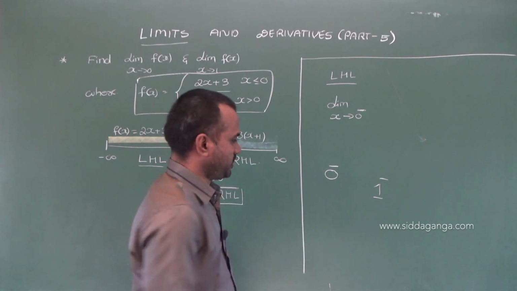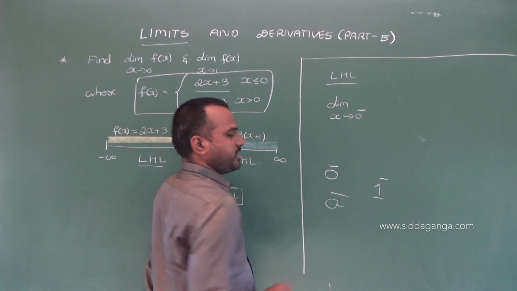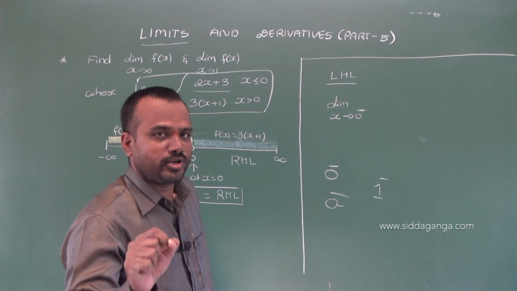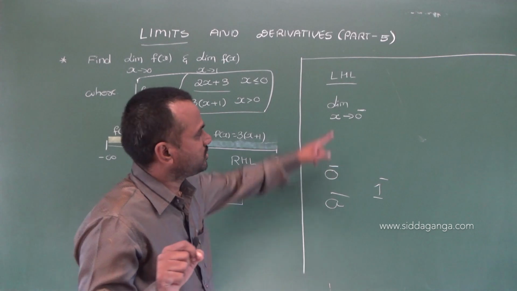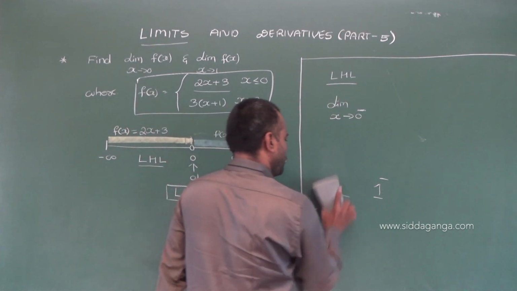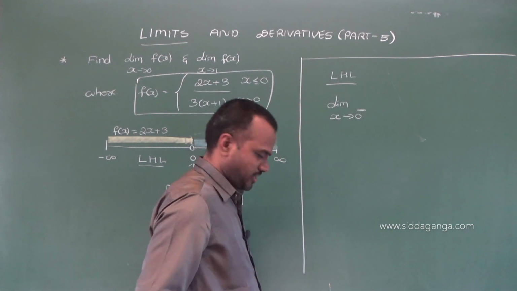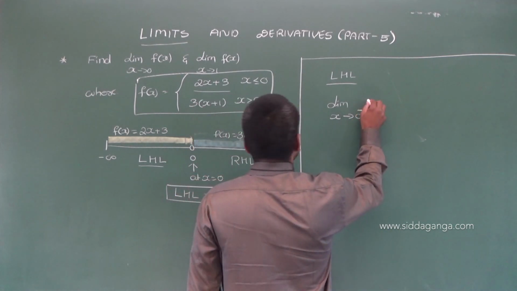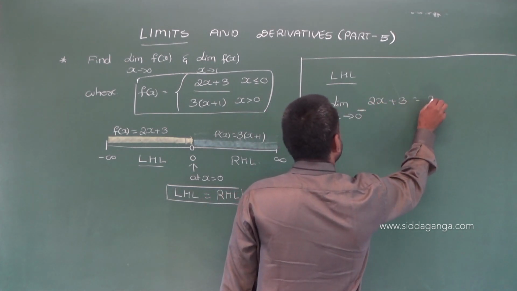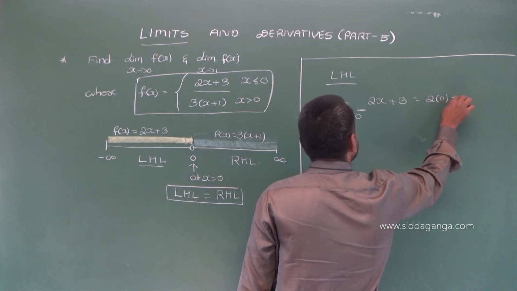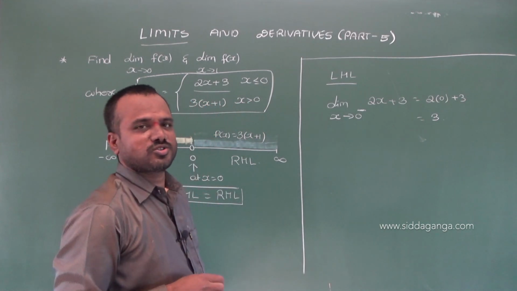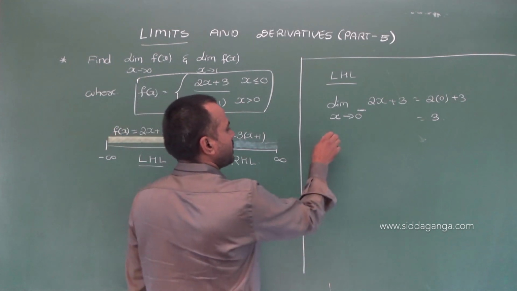If I write a minus, this is the symbol; we are going to find the left hand limit. Understand? Okay, 0 minus, the function is 2x plus 3, 2 into 0 plus 3. The left hand limit value is 3.